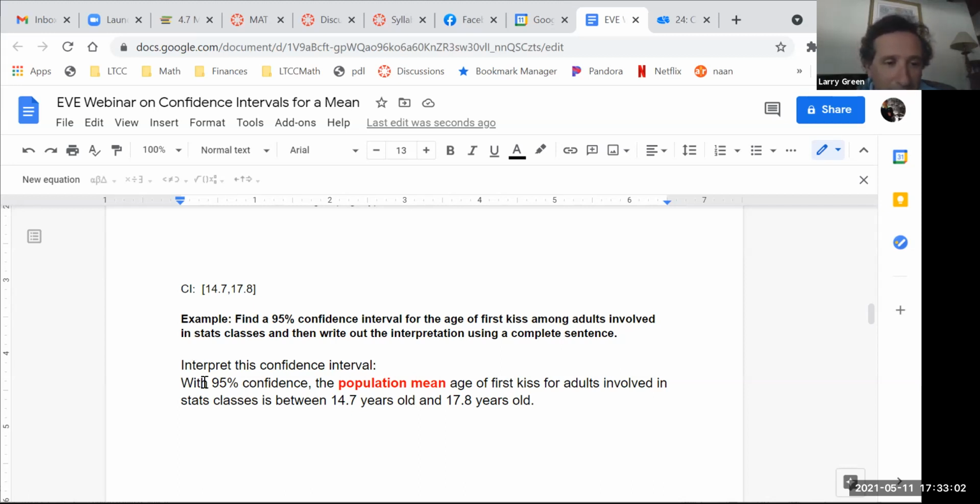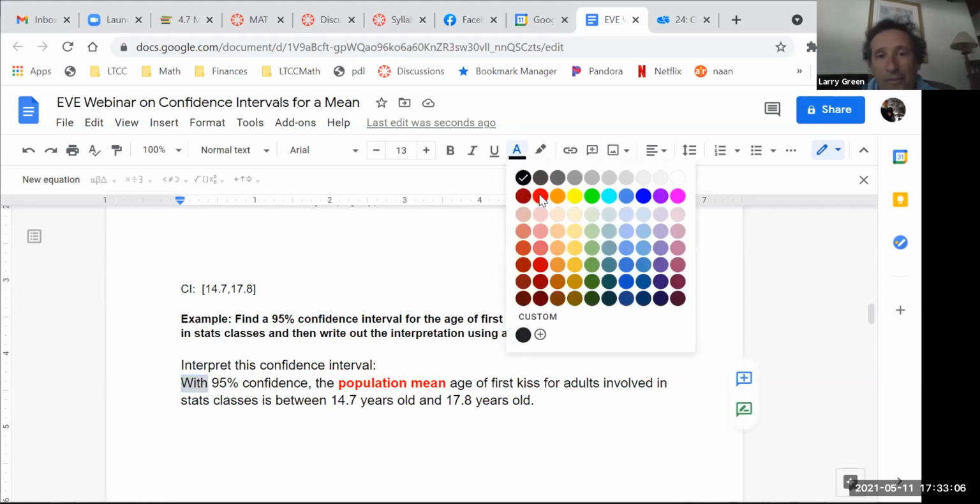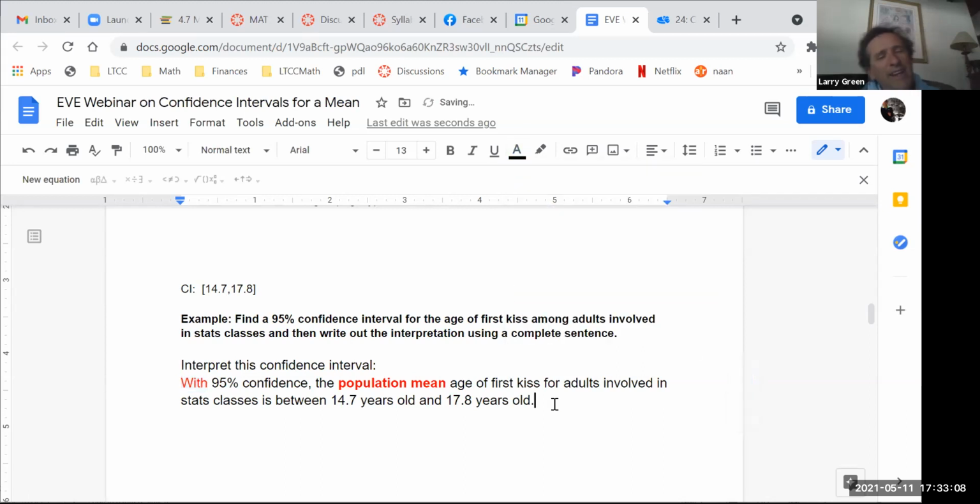Here's another thing that's important. Not that every interpretation has to start with the word "width," but what I recommend is that if you get into a way of doing things and do it over and over again, it's much easier to remember than if you write it differently every time.